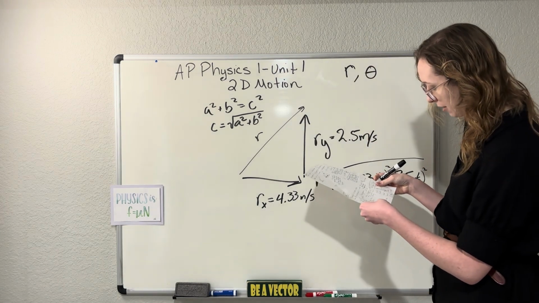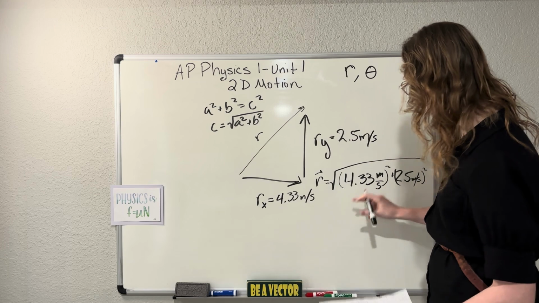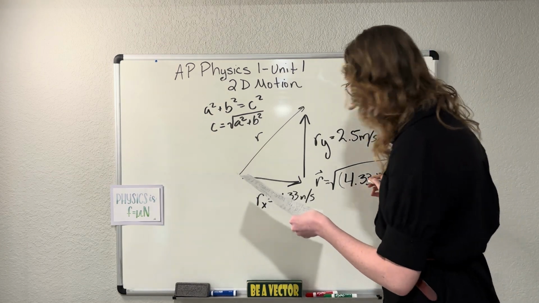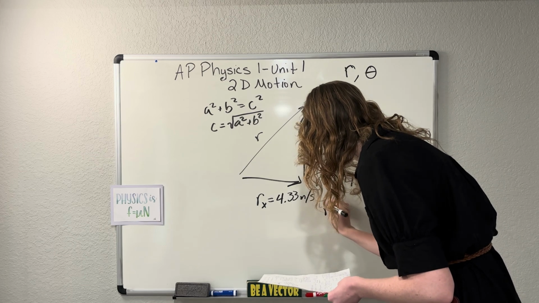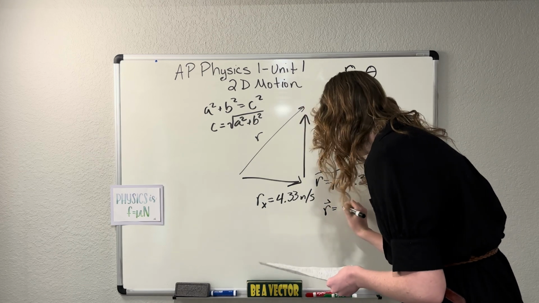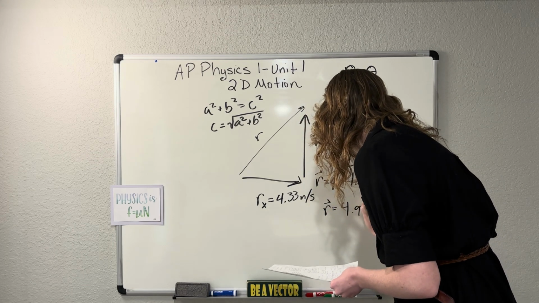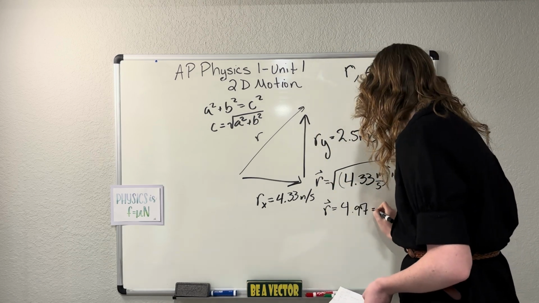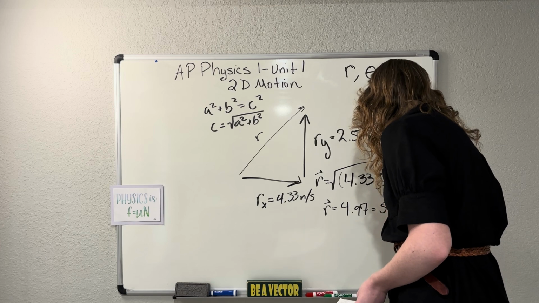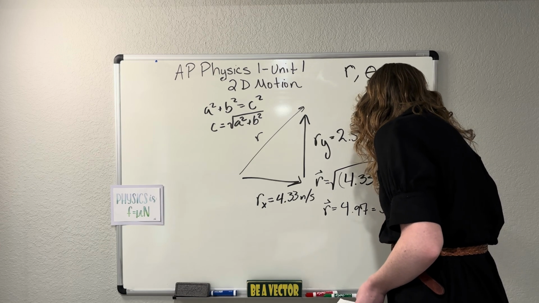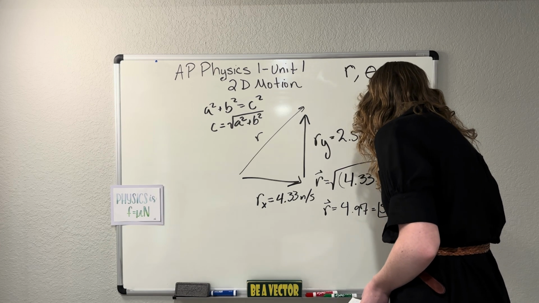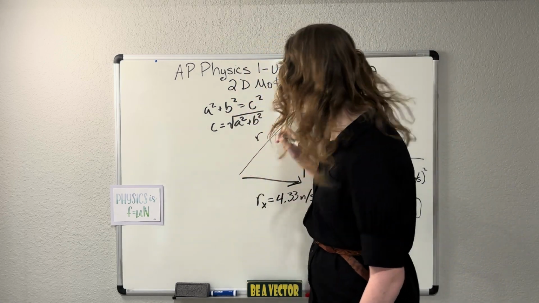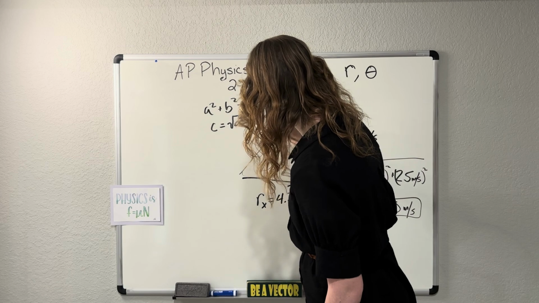Well, we have 4.33 squared plus 2.5 squared, and then the square root of that. If you plug that all into your calculator, you end up finding that this is about equal to 4.97, but we know sig figs, so we're just going to change this to about 5.0 meters per second. So that is our r here. That is the magnitude of our vector, just 5.0 meters per second.